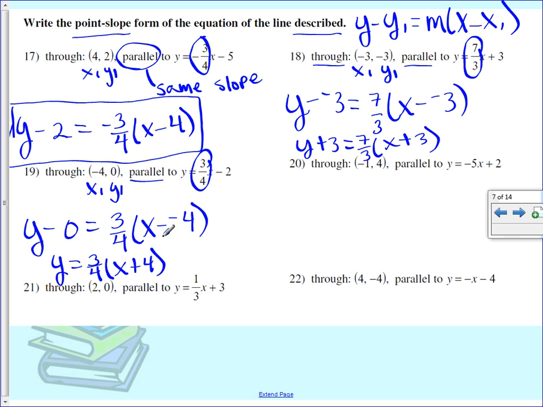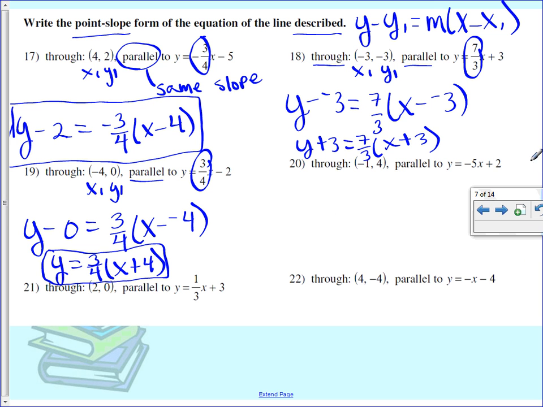So I got two negatives in there that end up being positive. And that's it. We just leave it. We don't distribute or anything like that. We just leave it just like this. Okay? Let me know when you're ready. I'll insert another page.